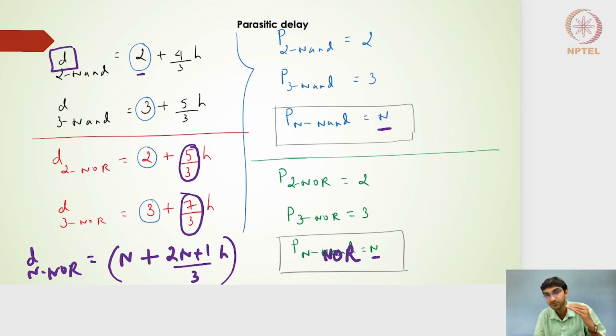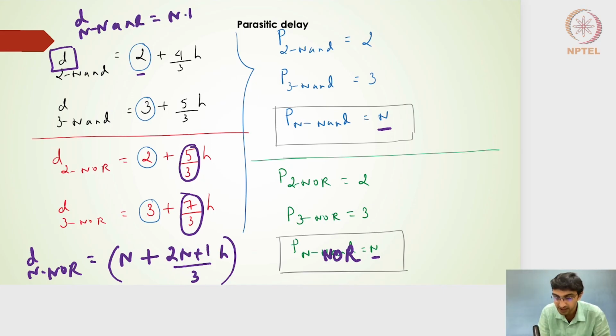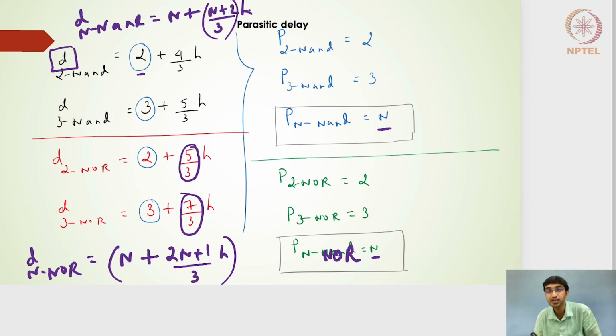We have taken a ratio with respect to the benchmark inverter's delay, which is nothing but 3RC. All right. And similarly, the delay for an n-input NAND gate will be nothing but n parasitic delay plus (n + 2) divided by 3 times H. Again, this will be the normalized delay.